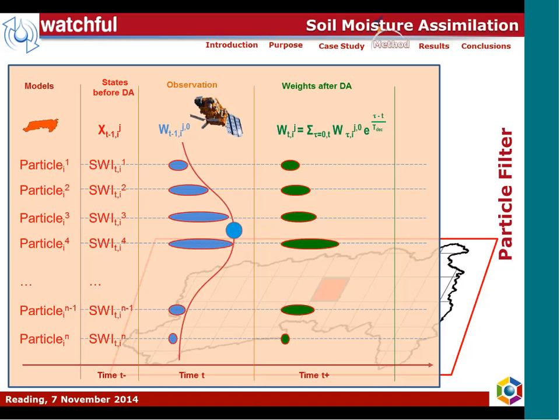The red line is, in fact, the parameterization that you obtained through the triple collocation method. And then you give higher weights, of course, to the model realizations that are close to the observed value, and lower values to those that are quite far from it. And you do this updating of the model weights whenever a new satellite observation becomes available.